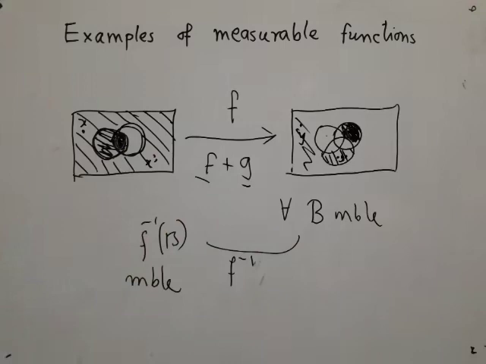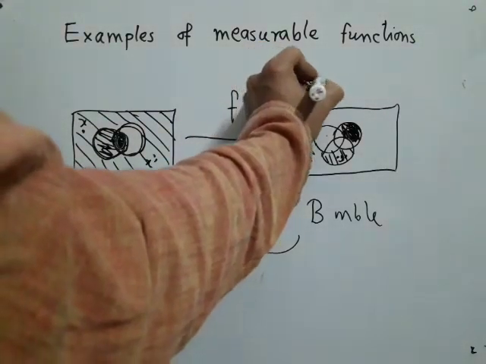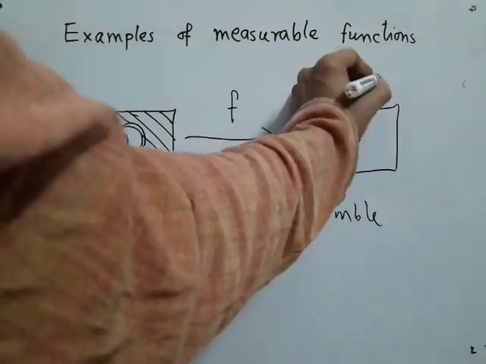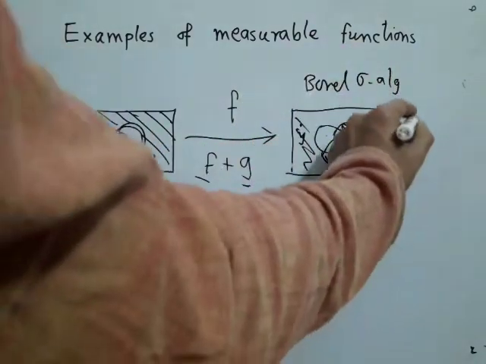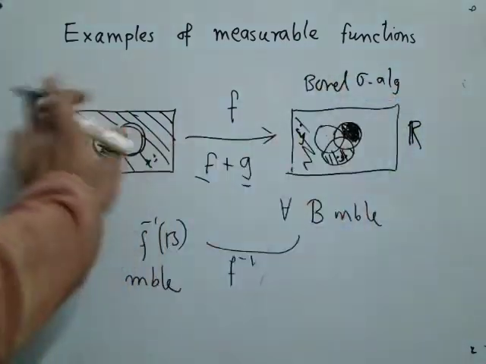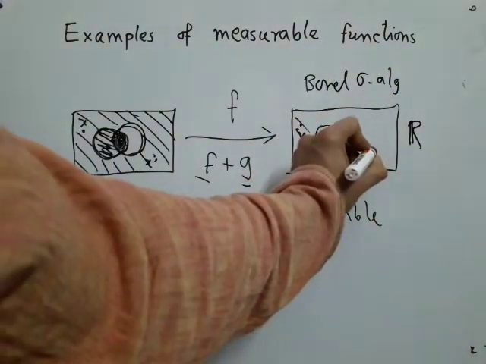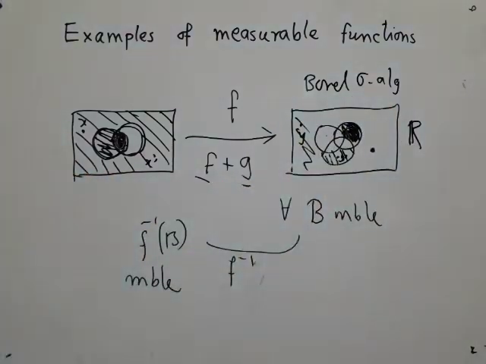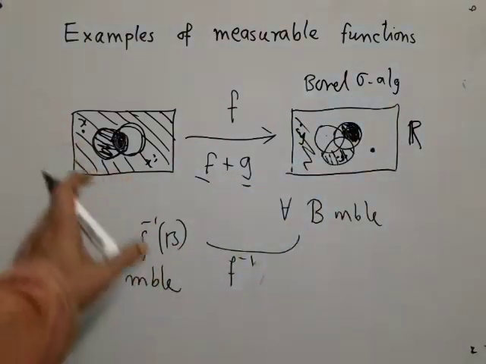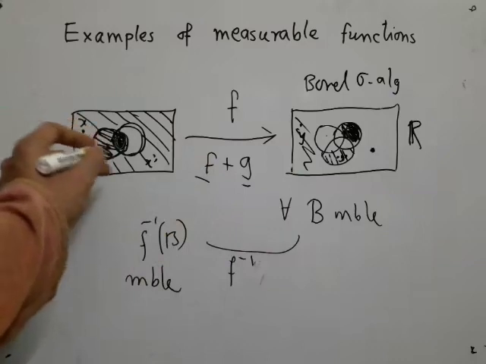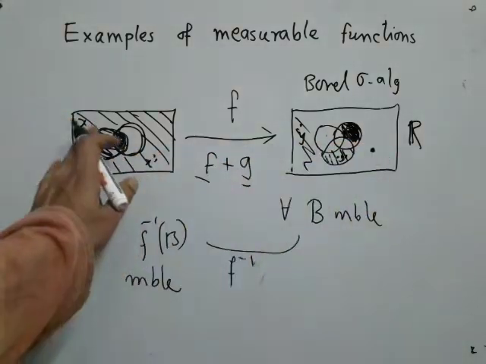Now let's specialize to the case where this is the Borel sigma algebra and you are working with R. So this is R, and this may be anything. Now you can see that each singleton set is measurable, and as a result, such a function must have constant values over each block.